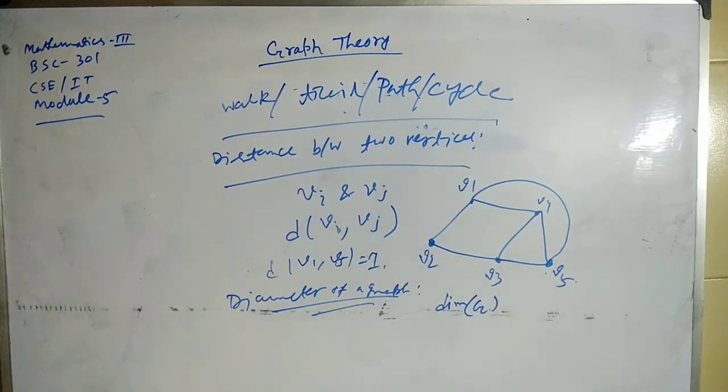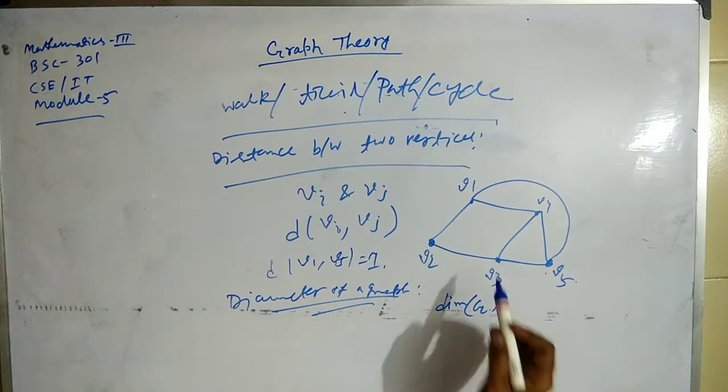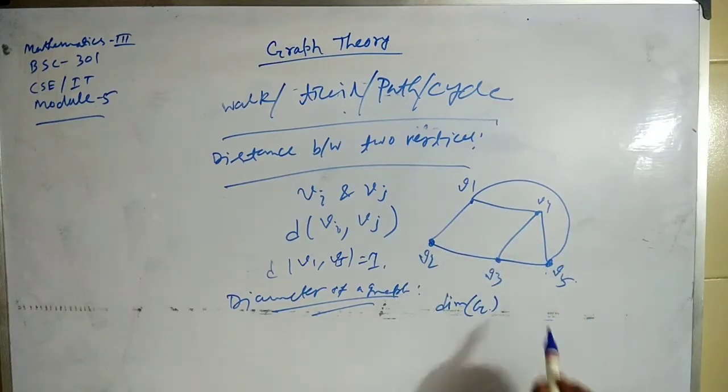If you take this example, first you calculate all the distances between every two pair of vertices, that is the distance of V1, V4, V1, V2, V1, V3, and the diameter will be the maximum distance of that graph.